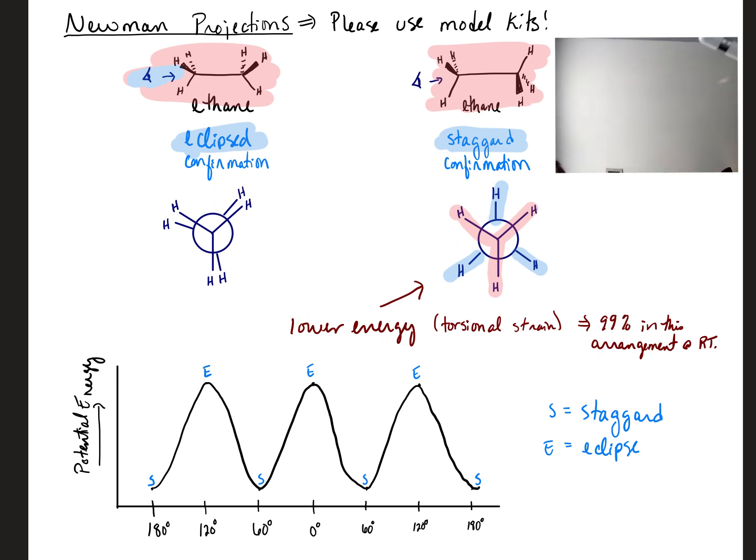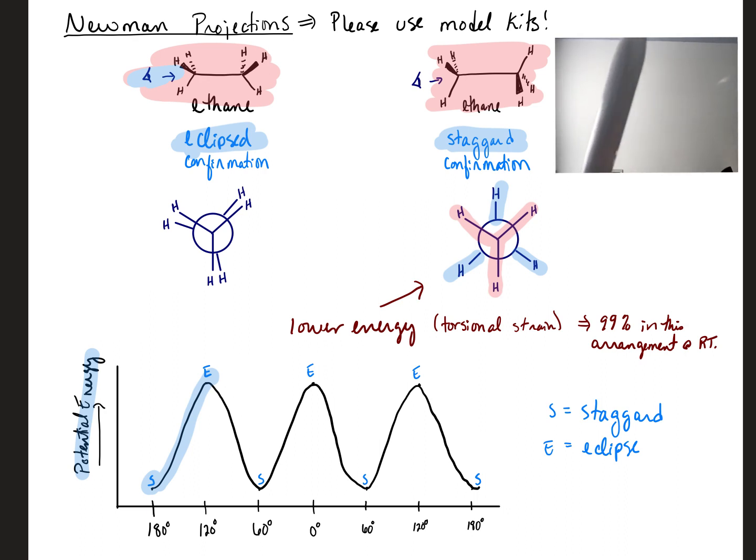Okay, so what we have here is different energy levels that can occur, right? We can have a staggered conformation that has a lower overall potential energy. And as we go to an eclipsed setting, that is going to raise the energy. Notice that we're just using ethane in this case.